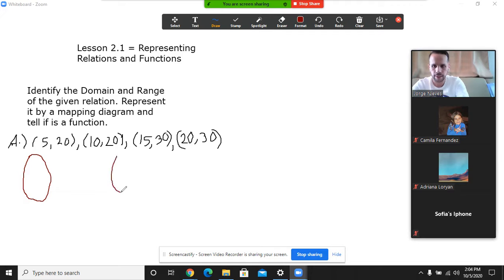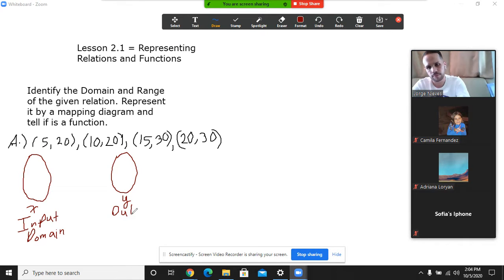Se supone que recuerden eso. So here I got the X values, the input, also called the domain. And in the other mapping diagram, I got the Y values that also can be called the output.